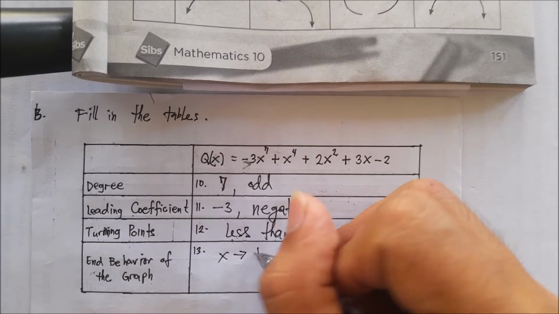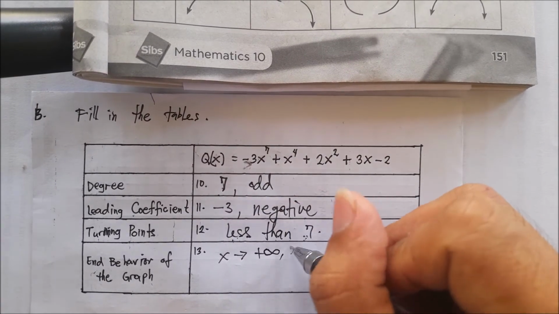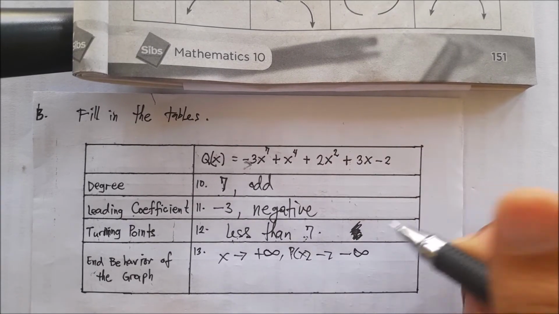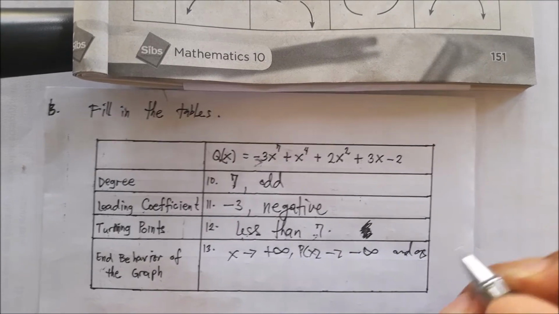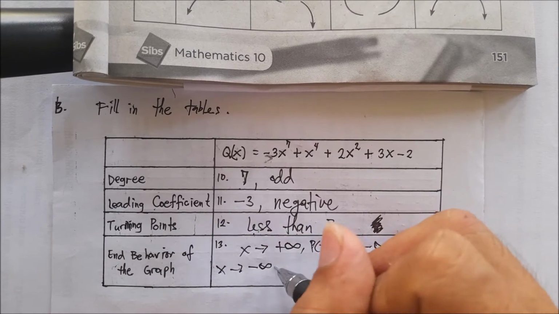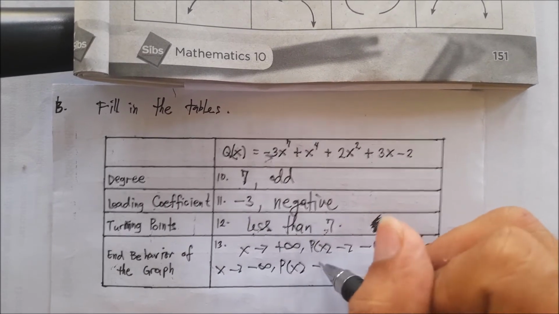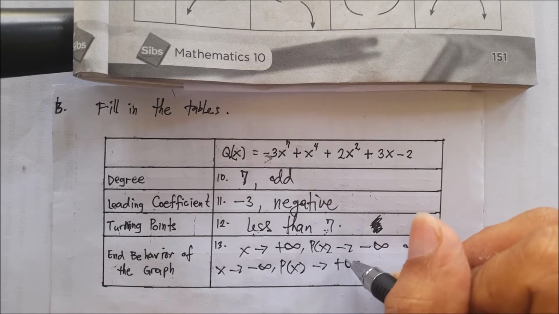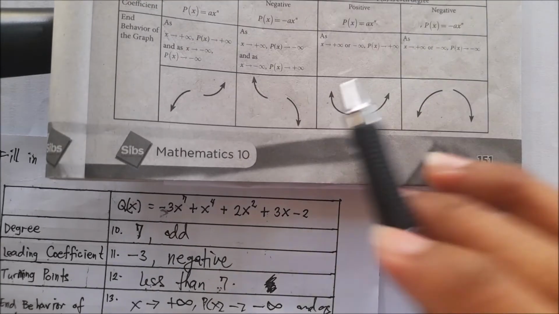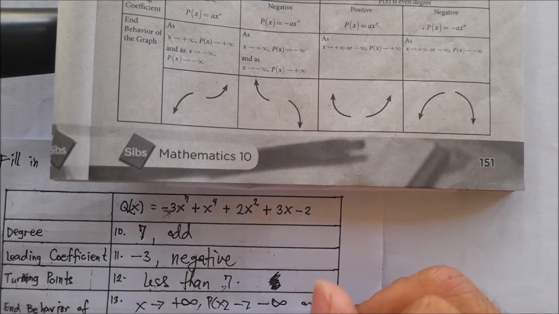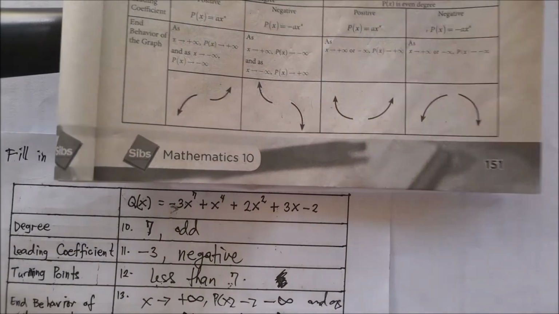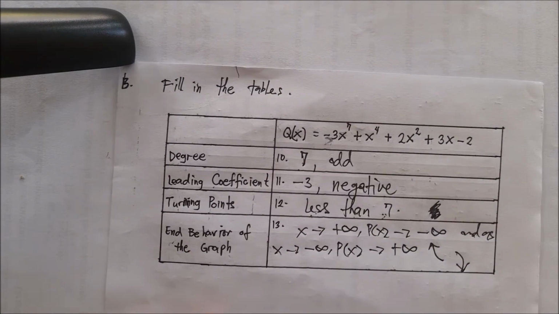As x arrow positive infinity, P of x arrow negative infinity, and as x arrow negative infinity, P of x arrow positive infinity, and the possible form of the graph is lower and lower. That is how to fill in the table.